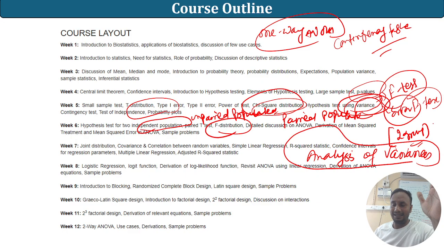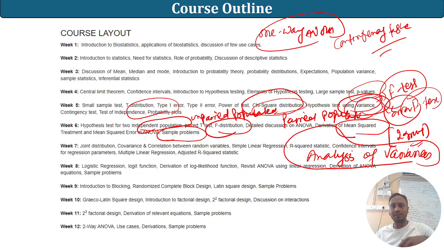We start with one way, then we can go with multi-factor, which becomes two-way ANOVA, which we will discuss. Then we'll see the assumptions, how we solve for the mean squares, and then we'll check some problems. That is the agenda for this week.